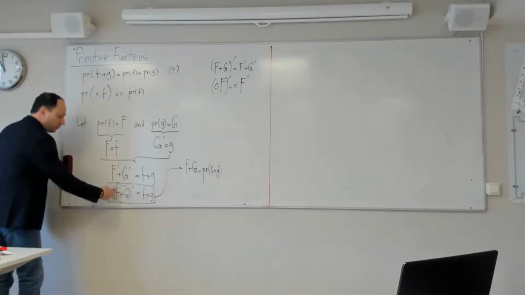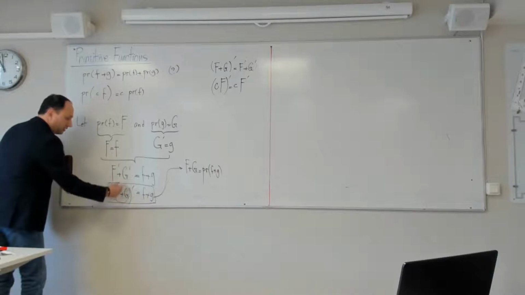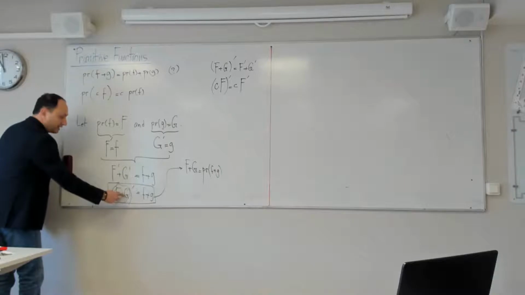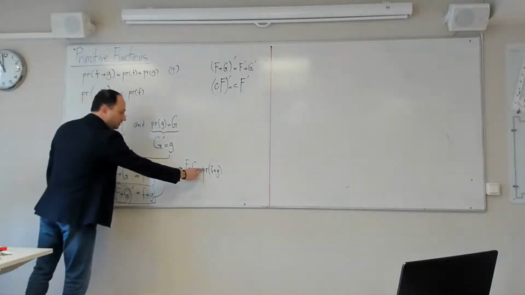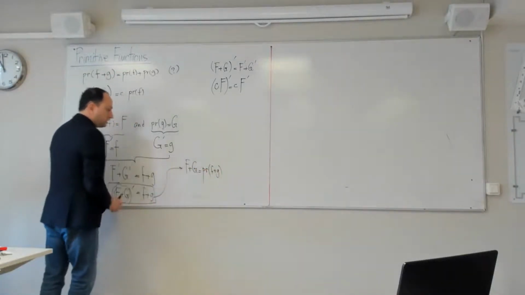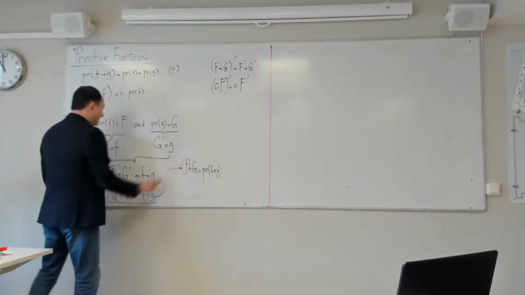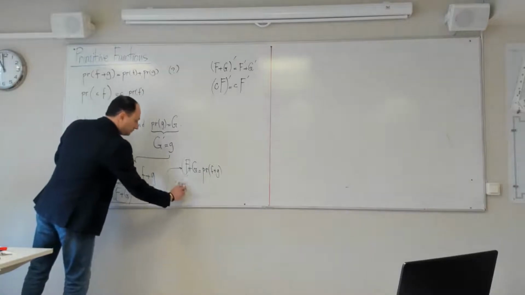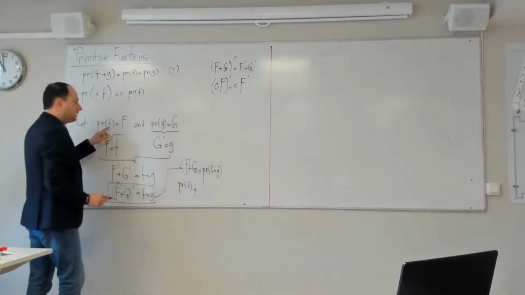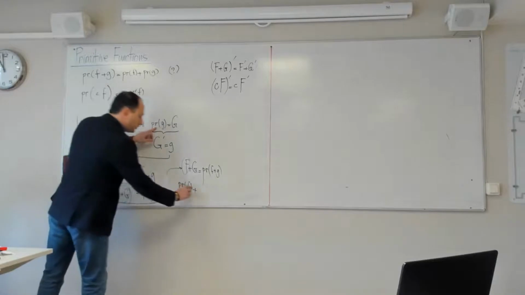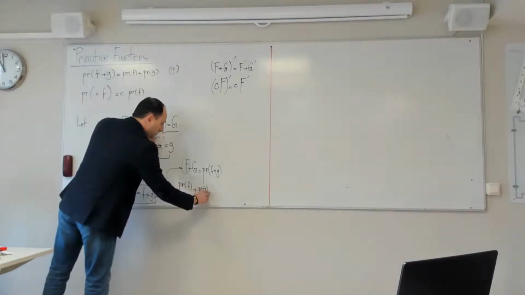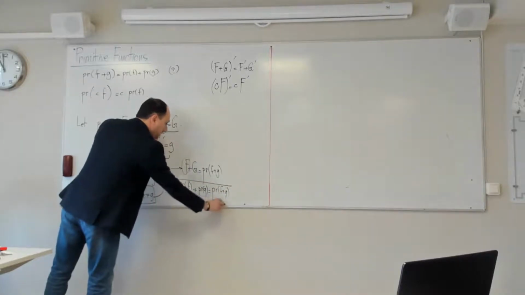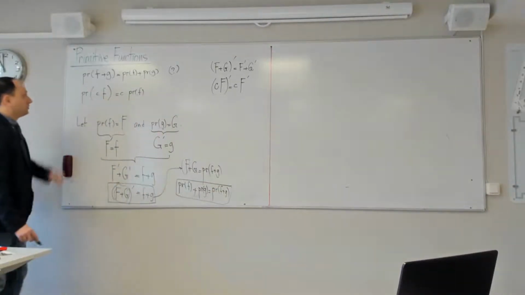So this means that what I have here is a primitive function for this one. So it means F plus G capital is equal to the primitive function of f plus g. But what was F? F was the primitive function for f. What was G? G was the primitive function for g. This becomes the primitive function of f plus g, and that is exactly what I wanted to show.